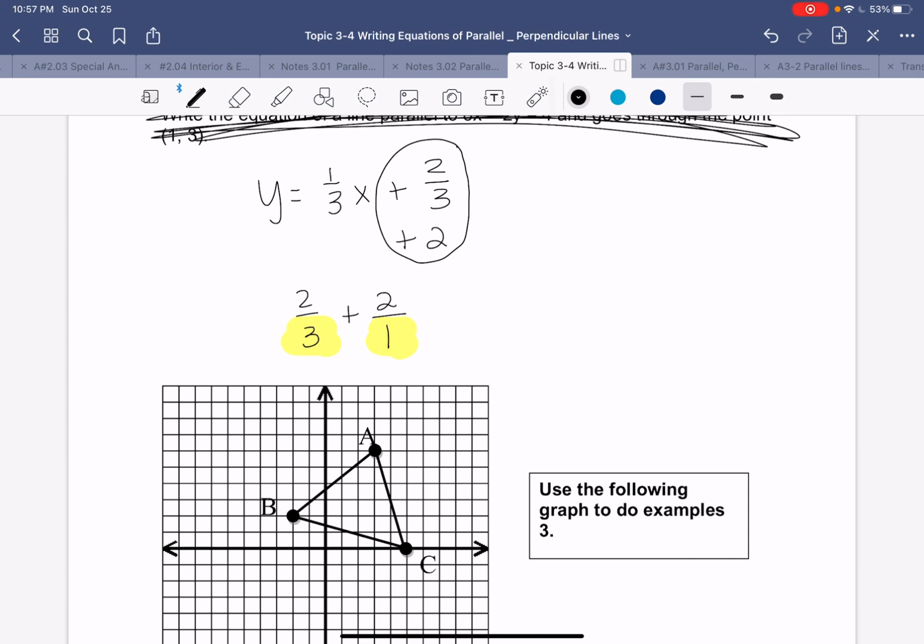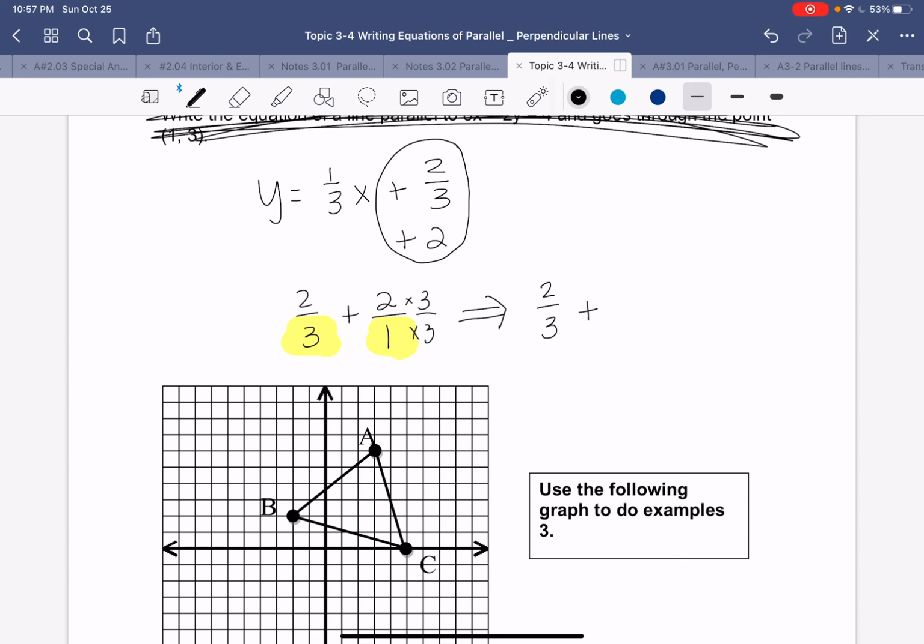Well, this 1 can be changed to a 3 by multiplying by 3. But I cannot just multiply the bottom. I have to multiply the top too to keep the fraction the same.